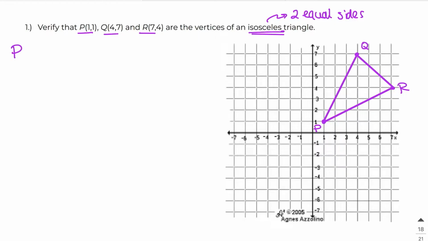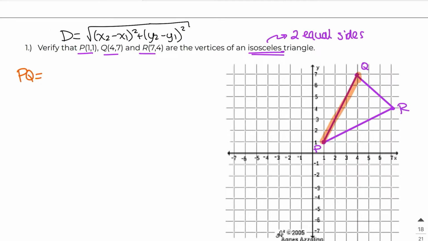So what we're going to do is calculate the lengths of each side. The first side I'm going to calculate the length of is PQ. The distance formula, just a reminder, or the length formula, is the square root of (x2 minus x1) squared plus (y2 minus y1) squared. So here, this is x1, y1, x2, and y2.